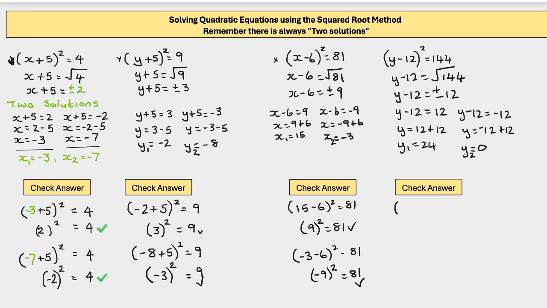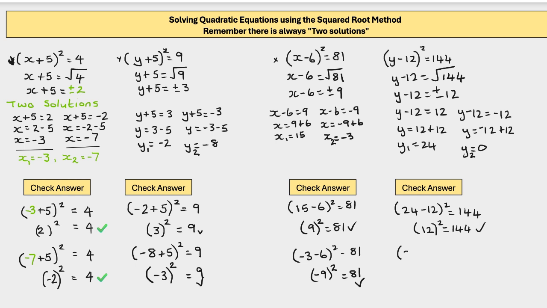Let's check our answer. Put it into the original. y1, let's do (24 - 12)² = 144. 24 - 12 we know is 12. 12 squared equals 144. So we know that our y1, our first solution, is correct.